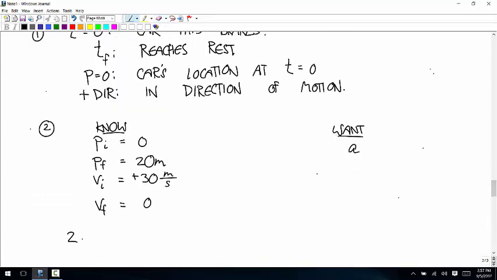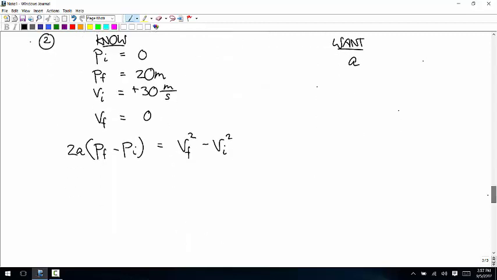So we're going to use the equation that says 2A times the quantity P final minus P initial is equal to V final squared minus V initial squared. And if I plug in these values, I have 2A times the quantity 20 meters.